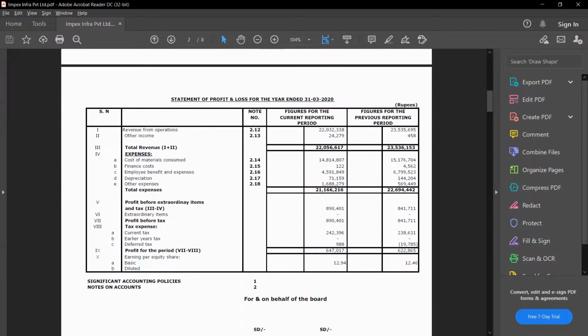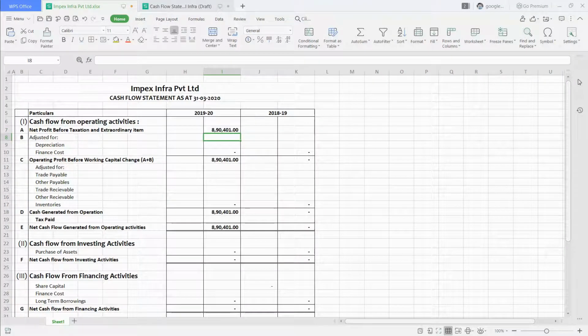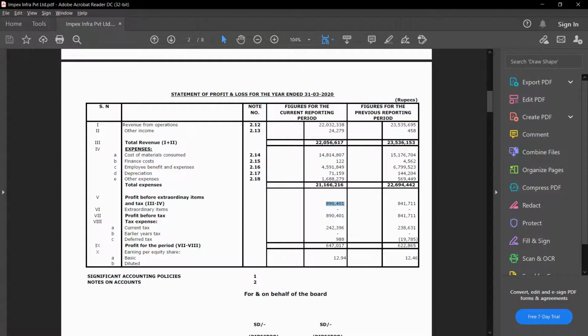Let's put profit before tax and extraordinary items from profit and loss account. Then add back non-cash items from this balance sheet, like depreciation and finance cost are non-cash items.